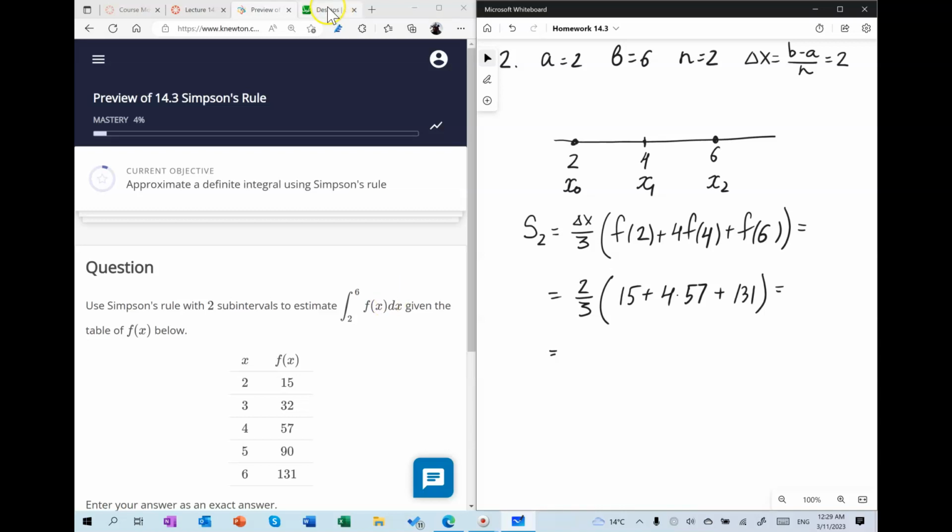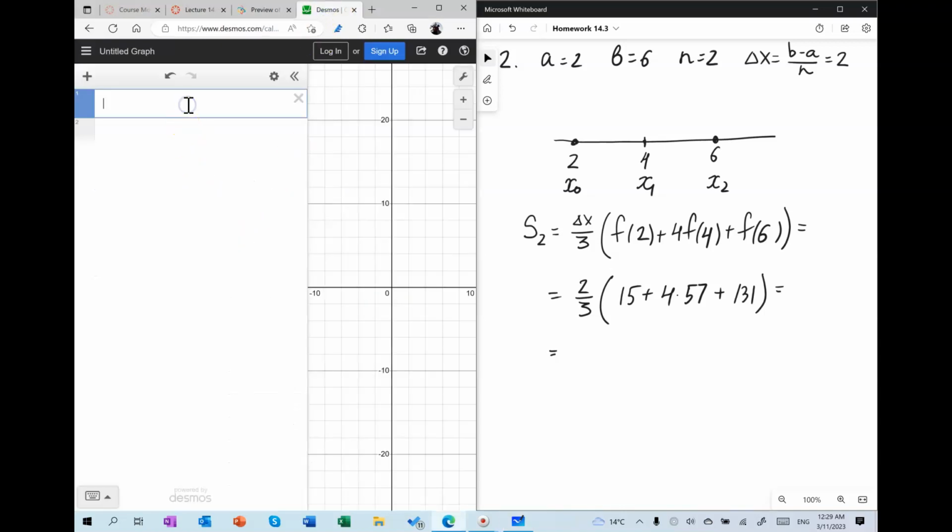And I'm just going to type this up in Desmos. So we have 2/3 times (15 plus 4 times 57 plus 131). And we can express it as a fraction, 748/3 is the exact answer.